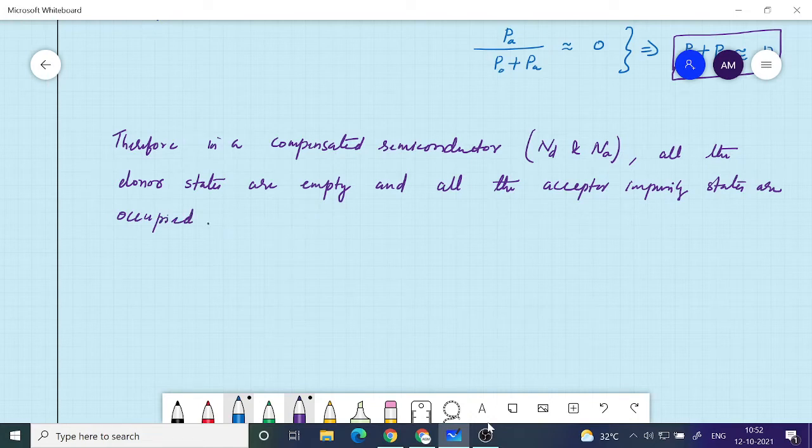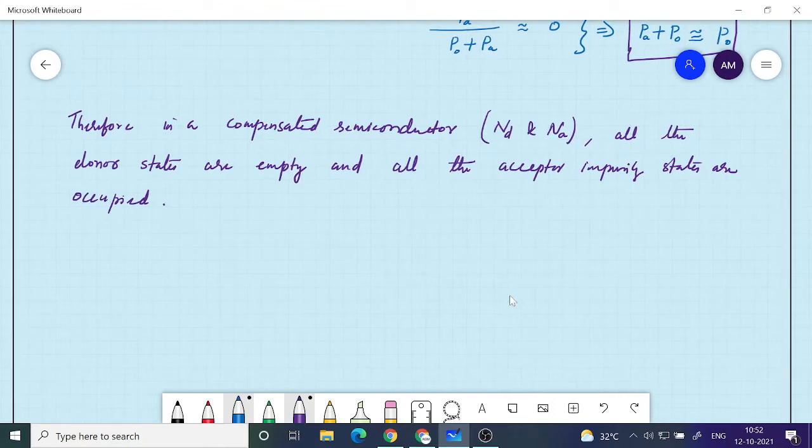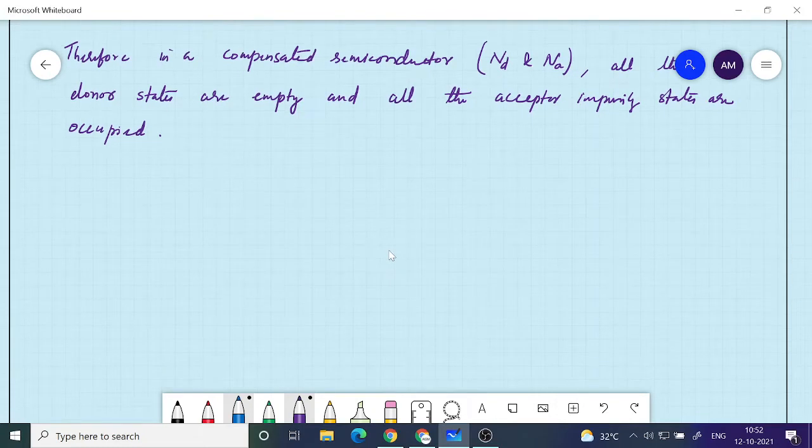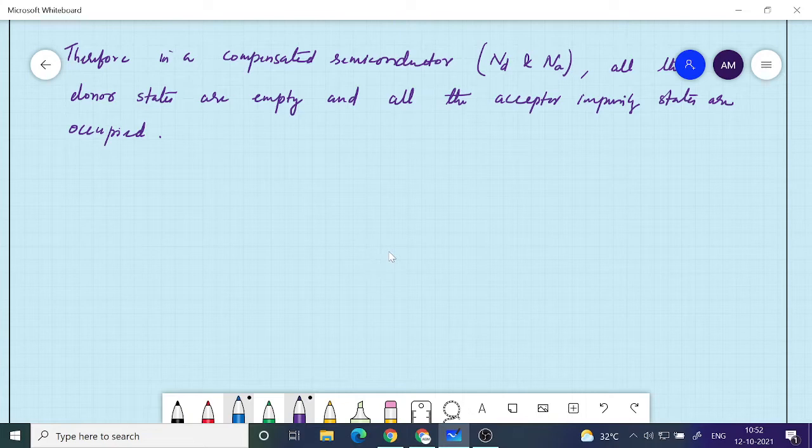In a semiconductor with both Nd and Na added, we will have both the donor level and the acceptor impurity level, in which case all the donor levels are actually empty. That means the electrons have gone to the conduction band, and similarly all the acceptor levels in that compensated semiconductor will be occupied. So negligible vacancies.